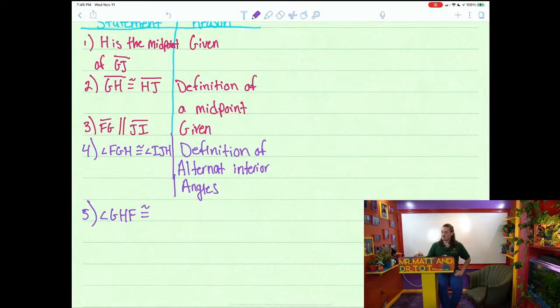So now I have two angles and a side. So I have angle side angle. So I can say that these two triangles are congruent.